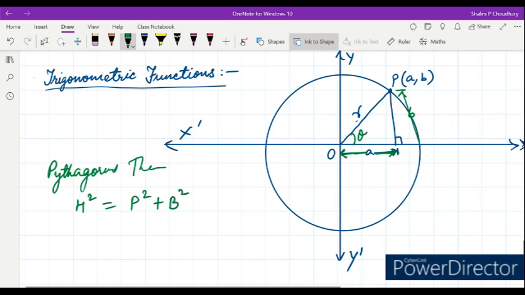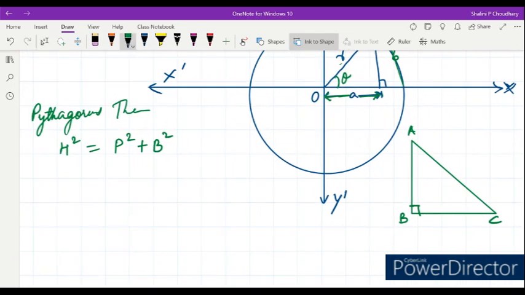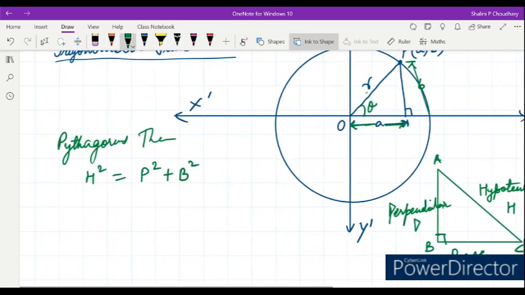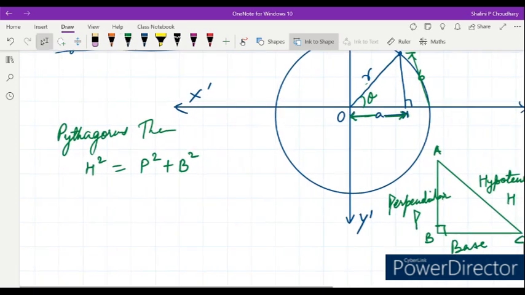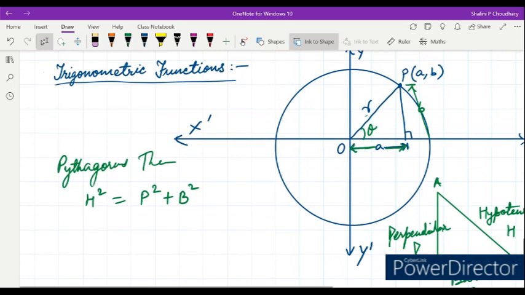If we have a right angle triangle ABC, then this part will be called the hypotenuse, this is the perpendicular and this one will be called the base, right? They are denoted by H, P, B. So hypotenuse square is equal to perpendicular square plus base square.